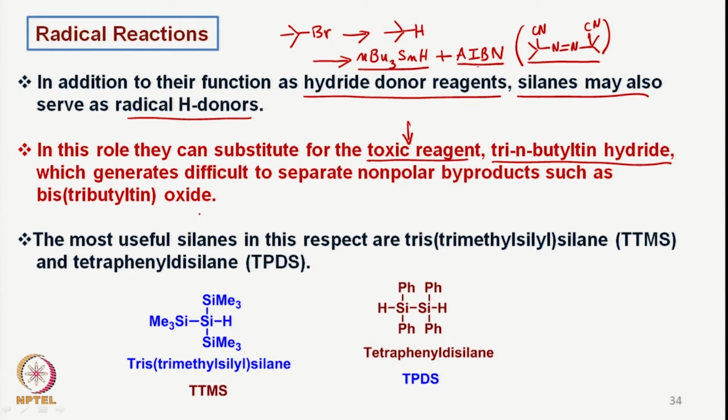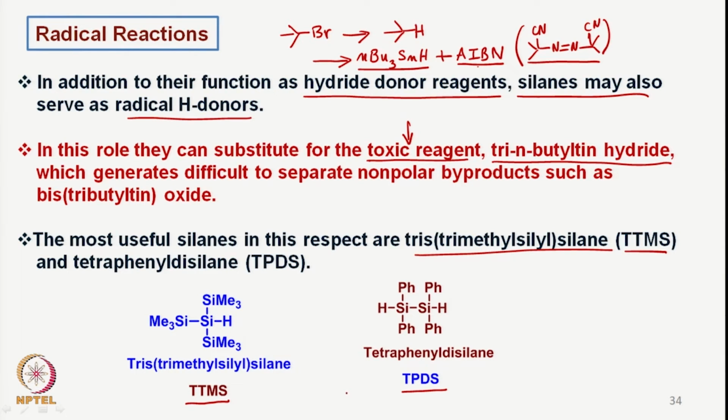So, in that respect, people have tried to use tris(trimethylsilyl)silane, TTMS, or tetraphenyl disilane. These two reagents have been used in many places where people want to carry out radical-based reactions.